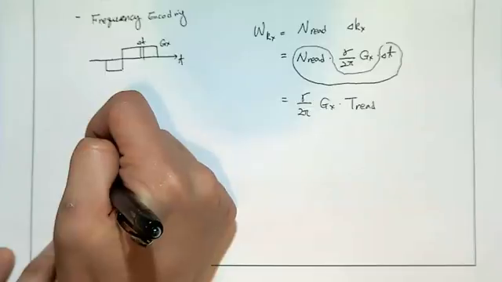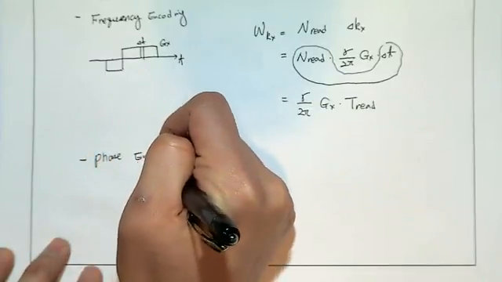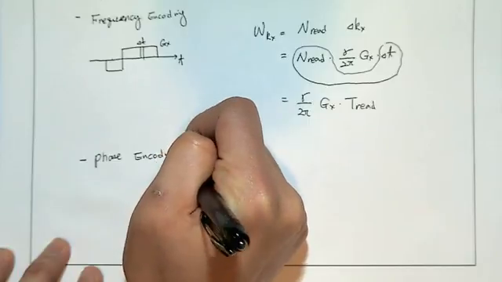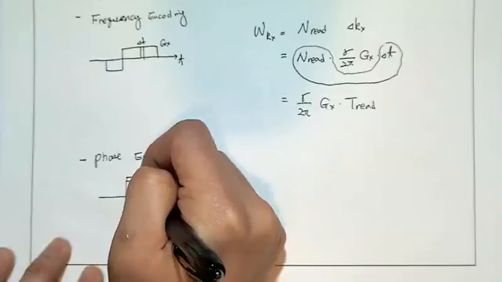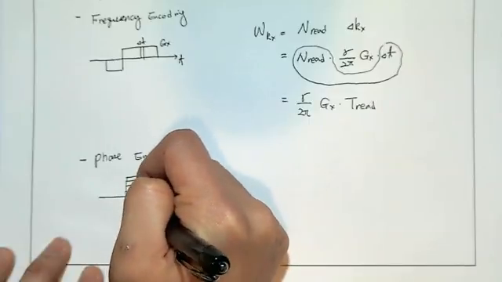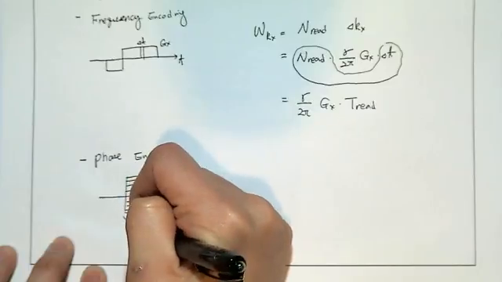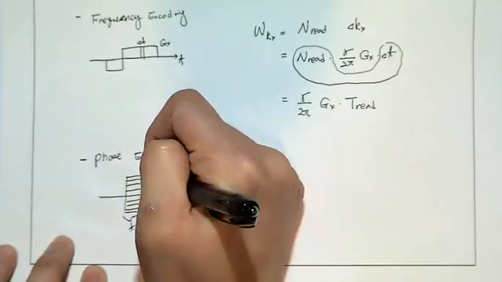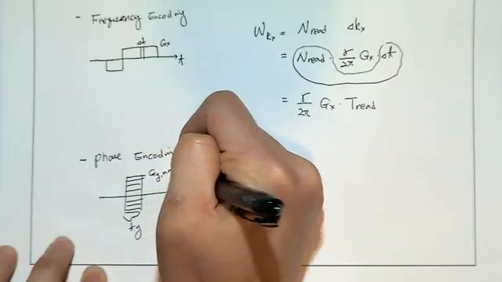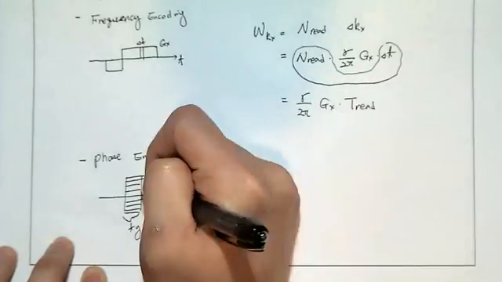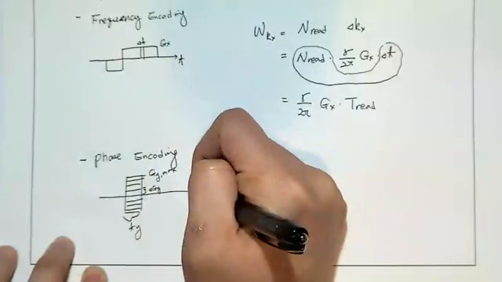Next one is phase encoding. Again, you have these different values. You have Ty, you have maximum Gy value, and delta t1 time.